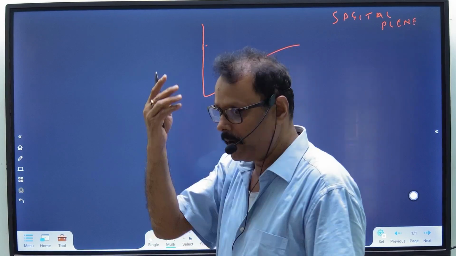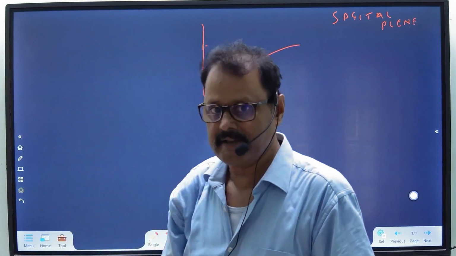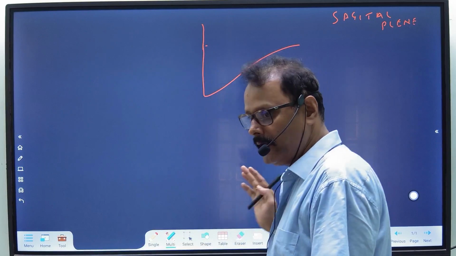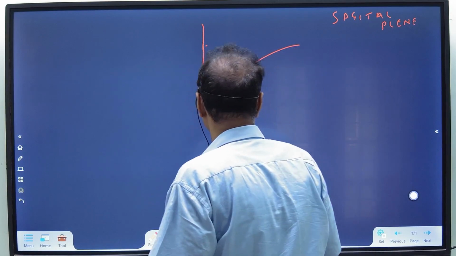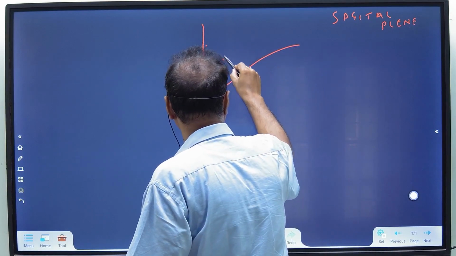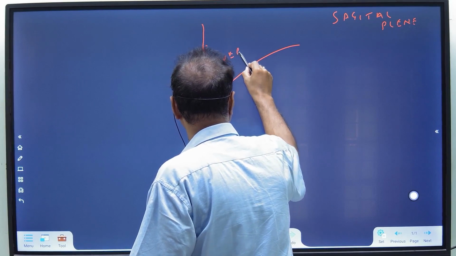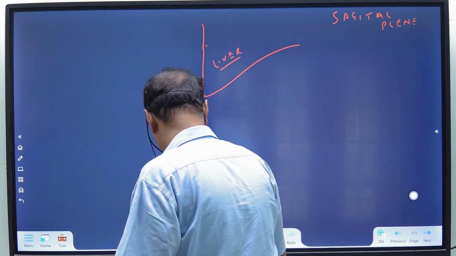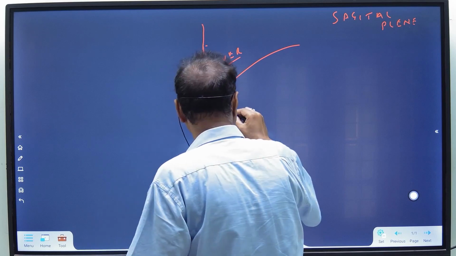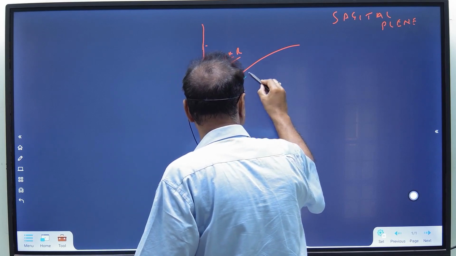We are taking the sagittal plane, and we are seeing it from the lateral side. So this one is the liver. Next, we have got the gallbladder over here.